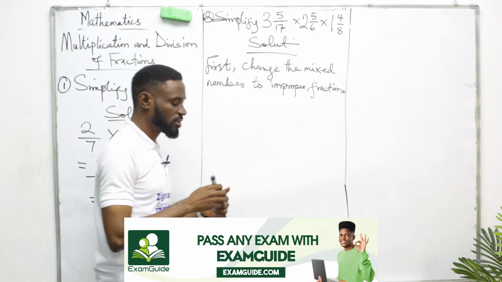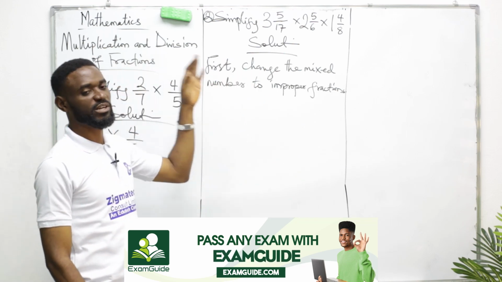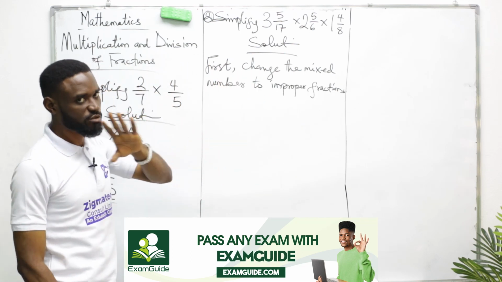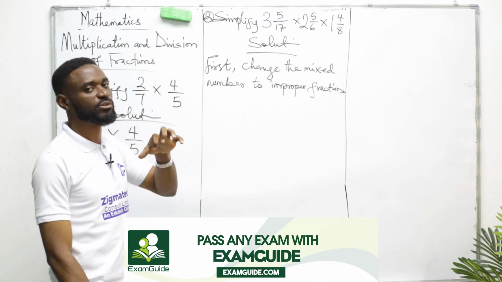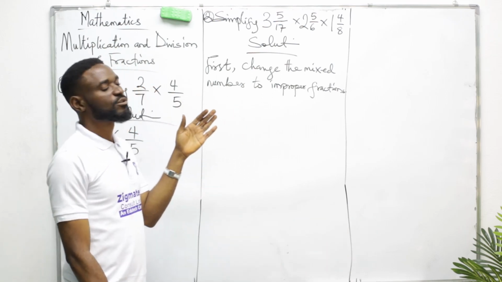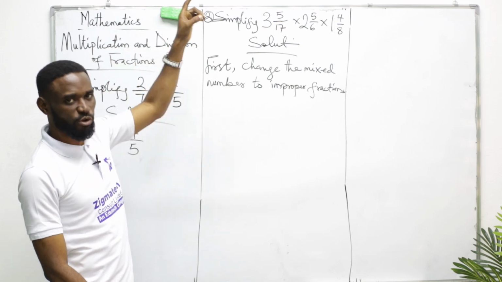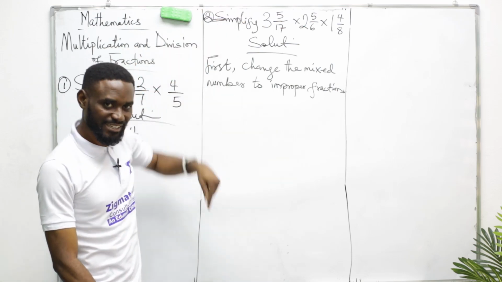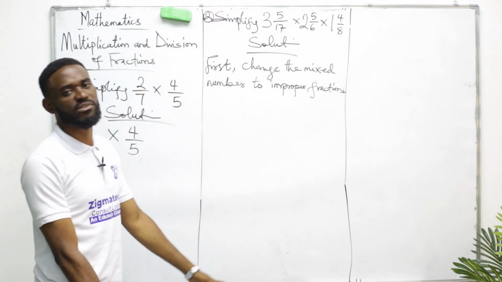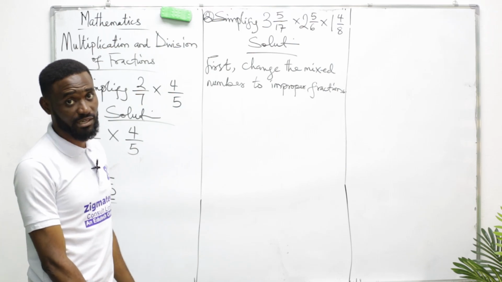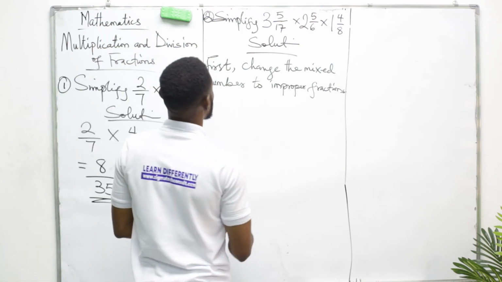So that's the first thing. Change all the mixed number to improper fraction. An improper fraction, of course you know, let me just remind you, is a fraction whose numerator is greater than the denominator. That's an improper fraction. Do you understand the thing now? Okay, so let's see this now.